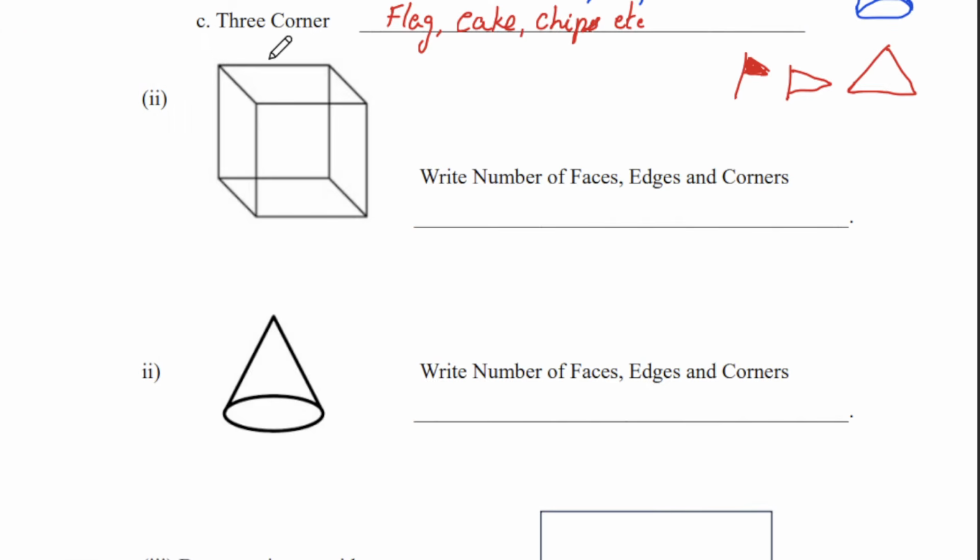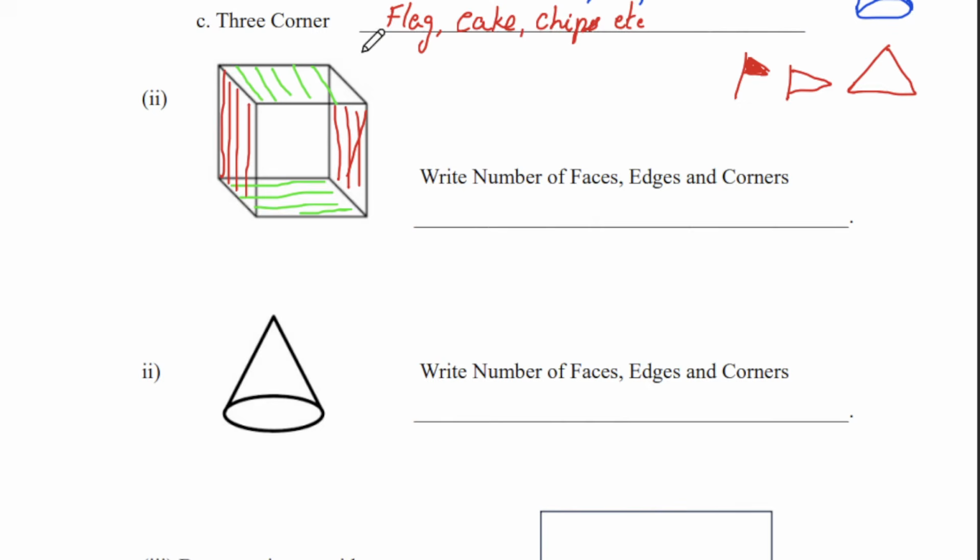Okay. So this one, the first face. This one is the bottom face, second face. And this one, the side face, I'll do in red. So this one is the third face. And this one is the fourth face.